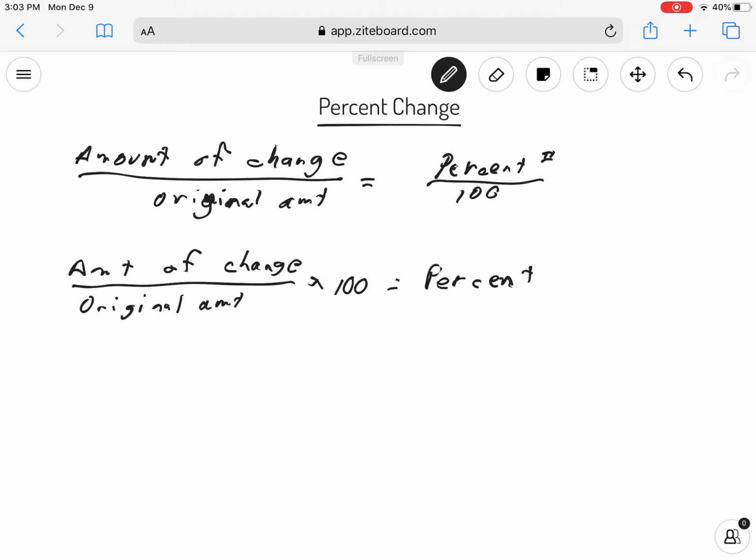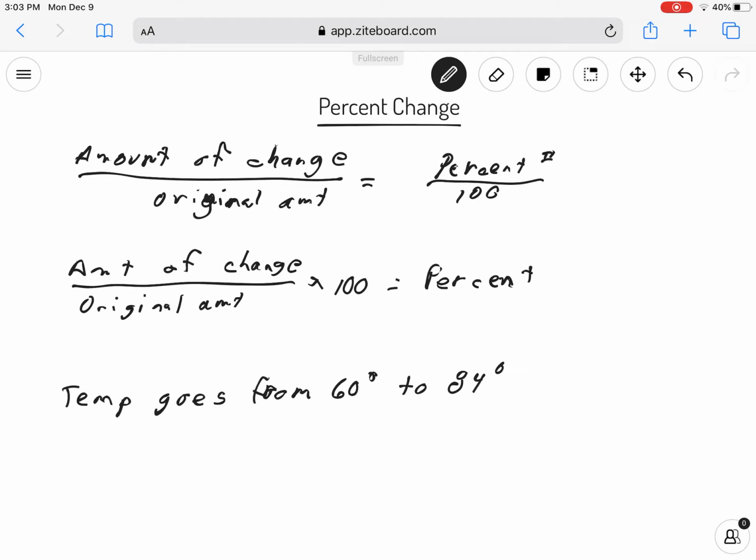So, for example, the temperature goes from 60 degrees to 84 degrees, and we want to know what percent that is.